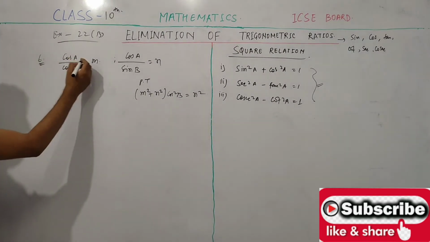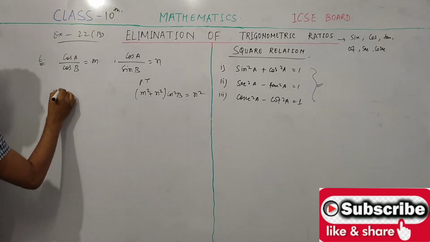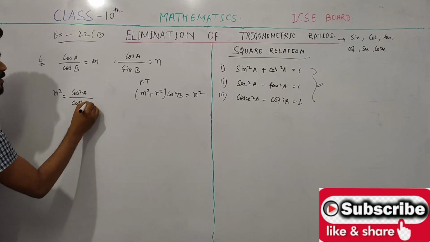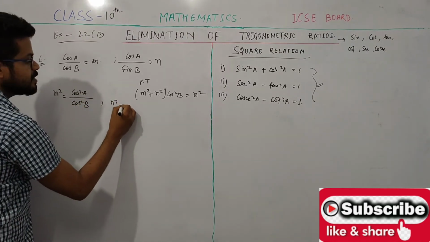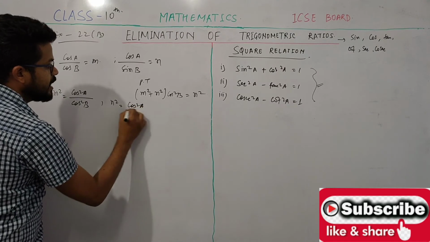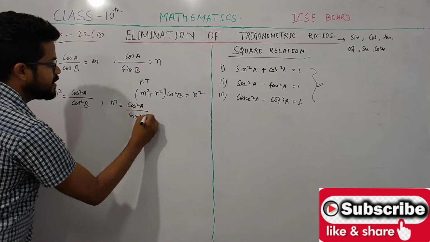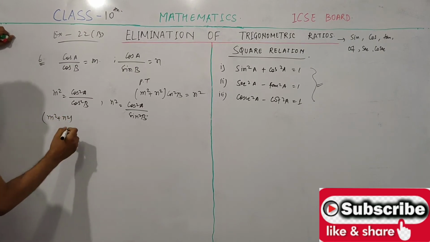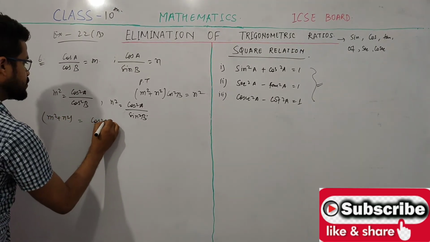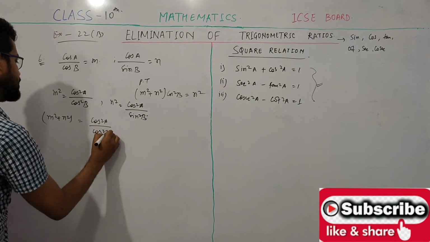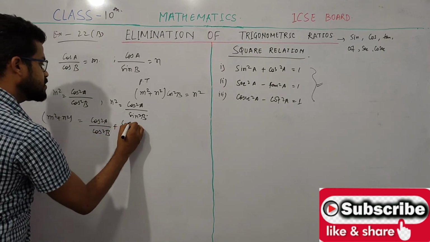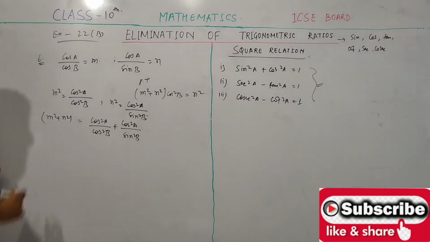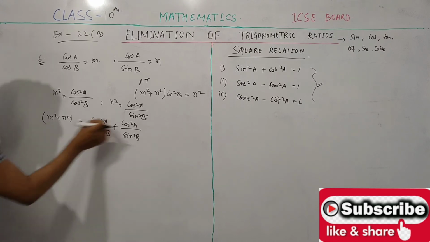Okay, so if I take the square, m square is equal to cos square a divided by cos square b, and if I take n square, this is cos square a upon sin square b. Now add both: m square plus n square is cos square a upon cos square b plus cos square a by sin square b.